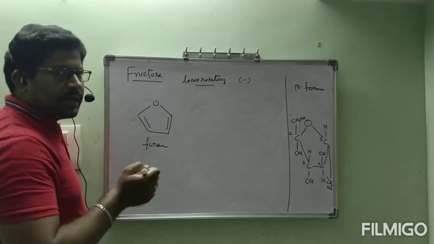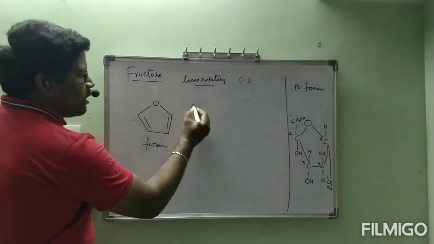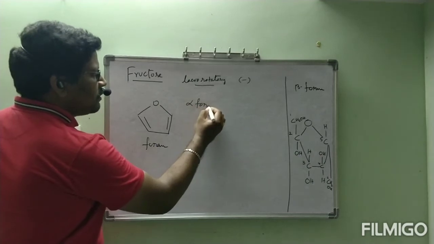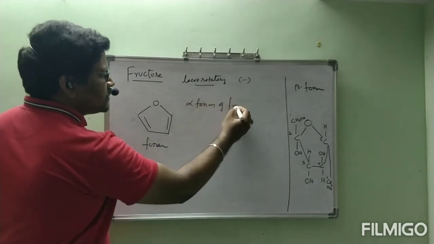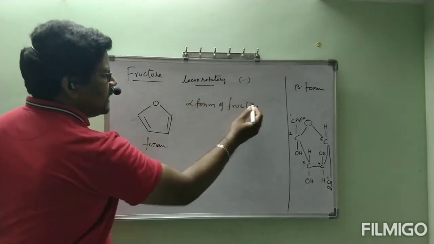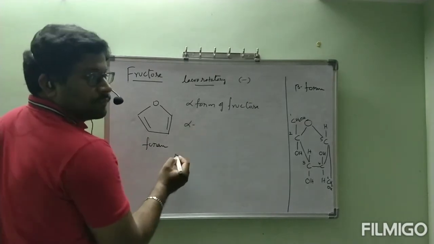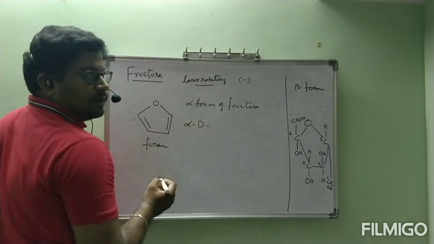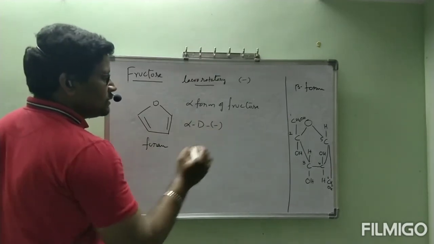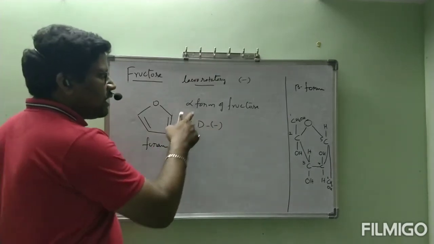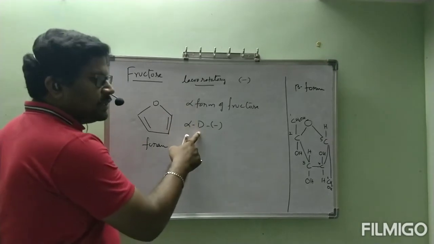That's why we are writing the alpha form of fructose name as alpha capital D minus, alpha form capital D.